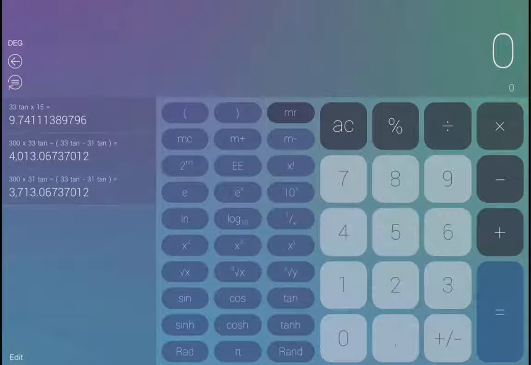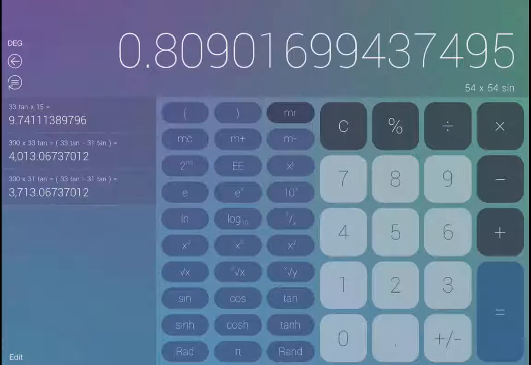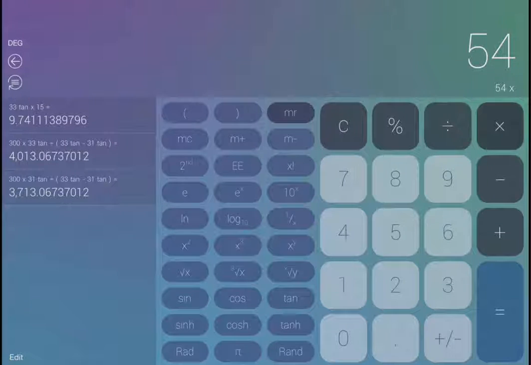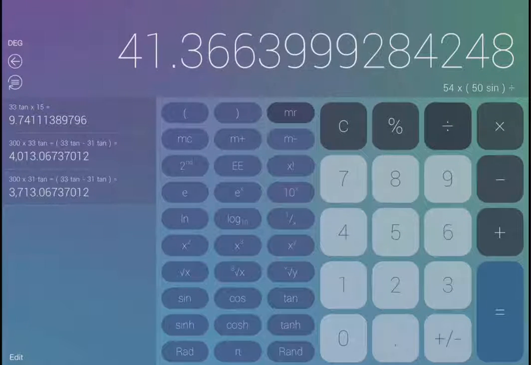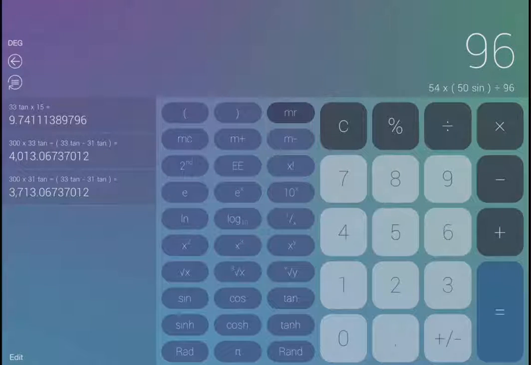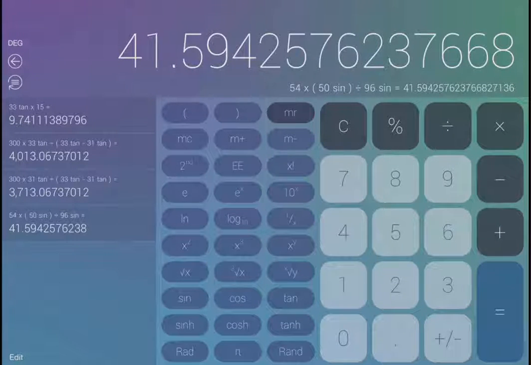So we're going 54 times, I'll open up a bracket, 50 sine, close the bracket, divided by 96 sine equals 41.6.